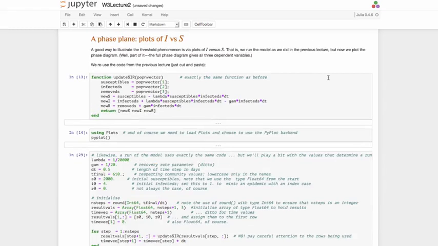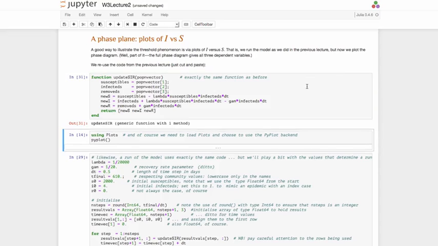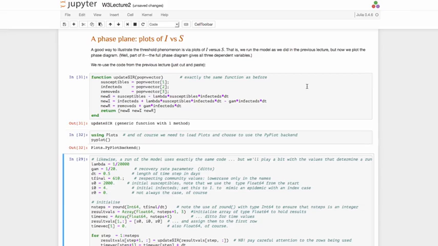So let's plot a phase plane plot. That will be the number of infecteds versus the number of susceptibles. That will show us, as the epidemic increases, how the numbers of susceptibles and infecteds relate. So as before, we create the function, we set ourselves up to plot, and we run the function.